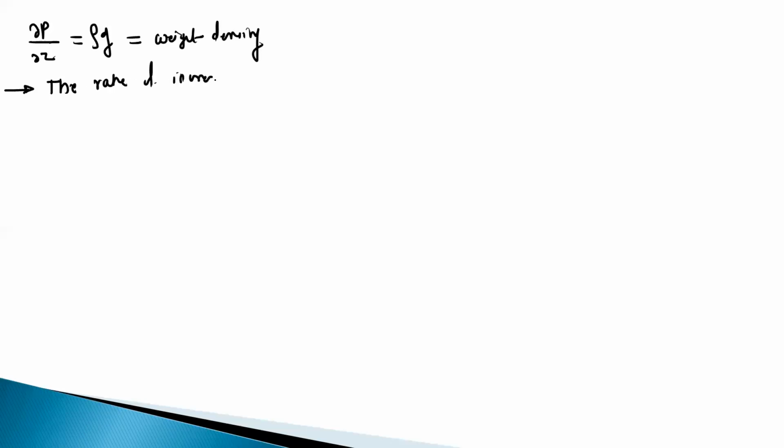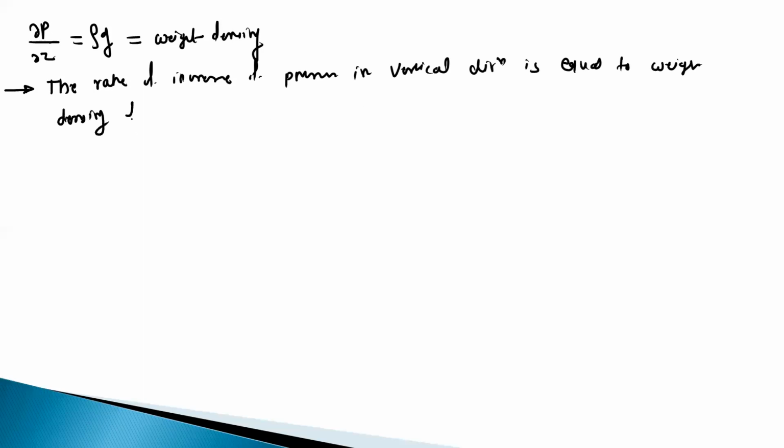So from this equation, del P by del Z equal to rho G, which is nothing but the weight density, we can say that the rate of increase of pressure in the vertical direction is equal to the weight density of the fluid, and this is nothing but the hydrostatic law.